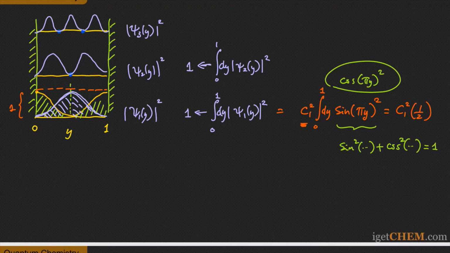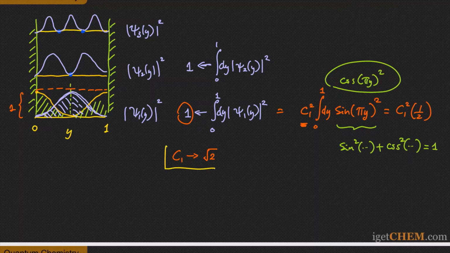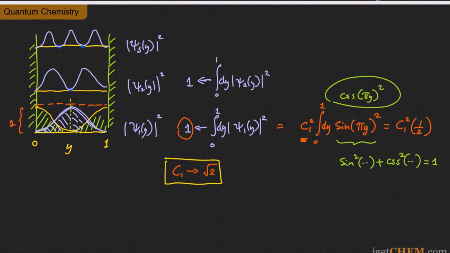And so once we see that c1 squared times 1/2 must be equal to 1, you can clearly see that c1 is going to be equal to square root of 2. Okay, so that helps us nail down what the normalization constant is for psi 1.